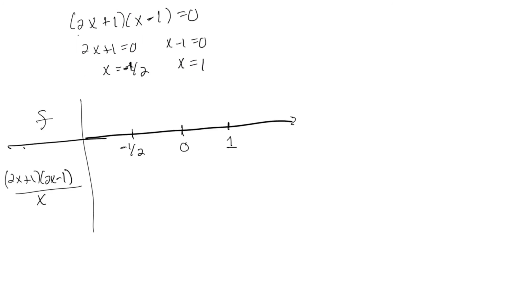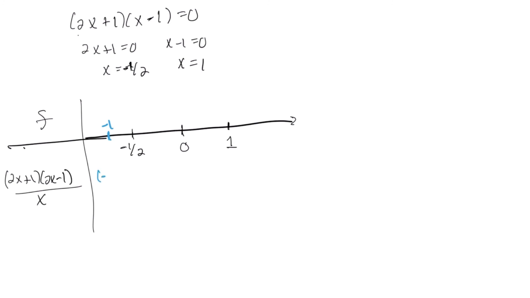So I need to plug test points into my derivative, and that tells me information about f. So my first critical point is negative 1/2. I'm going to take negative 1 and plug into my derivative. So if I'm going to plug into each of these factors, if I take negative 1, plug into 2x plus 1, what I'm going to get in that case is negative 2 plus 1.